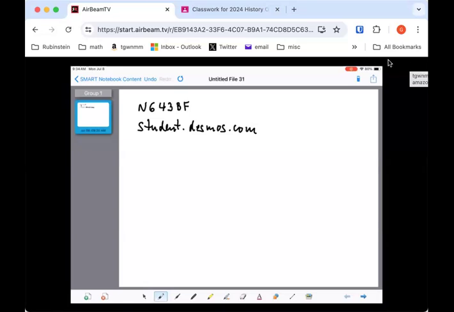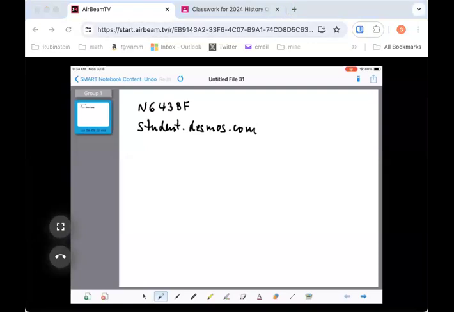So if you can go on your browser to student.desmos.com and type in this code, N643BF, I'll show you that. I think I can give you a link to that. Let me see if I'm able to.